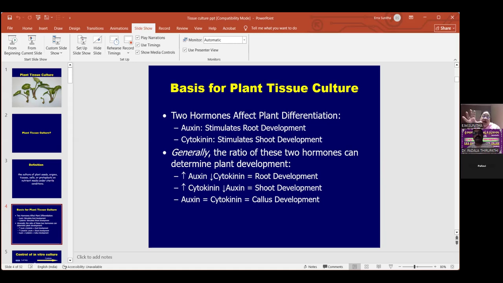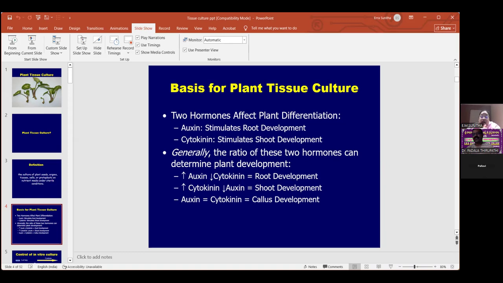But I think it will take one year or one and a half years of time for the root development and shoot development protocol standardizations. So auxins and cytokinins play an important role in the research field. We are seeing so many plants in the nurseries, tomato plants, chilies, broccoli, so many tissue culture plants.